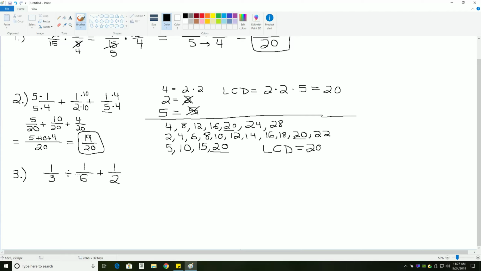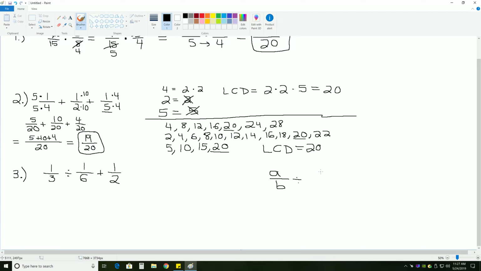Whenever you're dealing with division and addition at the same time, the first thing that you want to do is change this division to multiplication. Whenever you are dividing two fractions, let's go ahead and write this out.